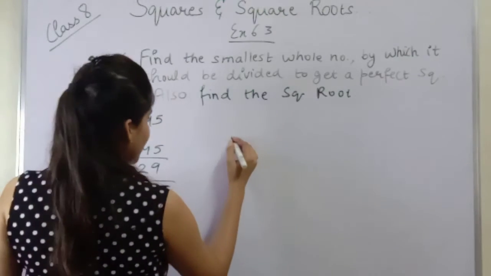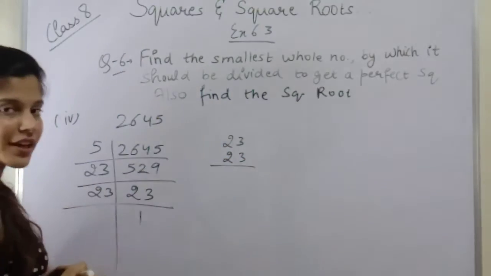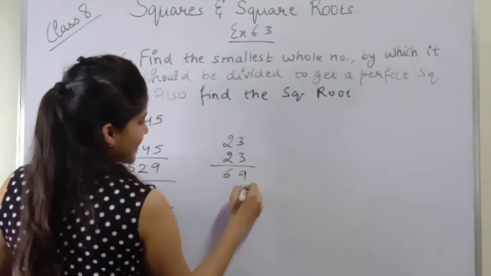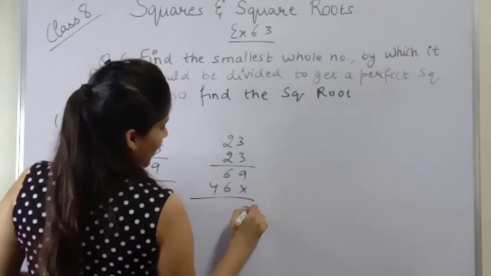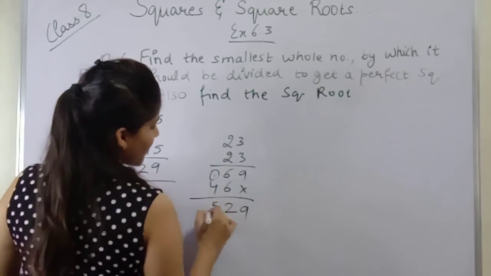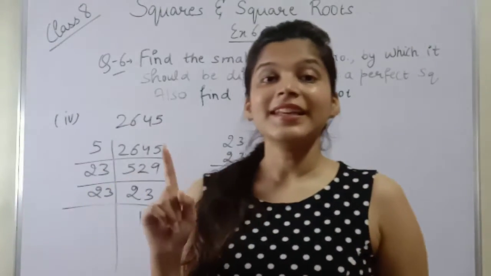But again let's check. Let's multiply 23 into 23 and see whether 529 comes. 3 3s are 9, 3 2s are 6, 2 3s are 6, and 2 2s are 4. 9, 6 and 6 is 12, 1 carry, and 4 plus 1 is 5. So yes, 529 is a square of 23.